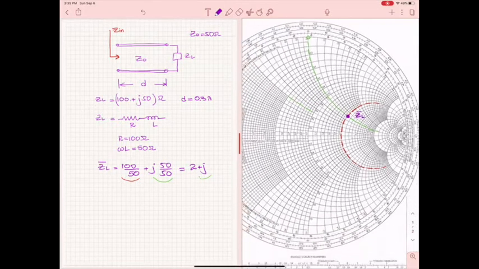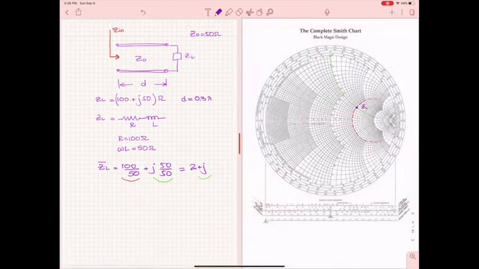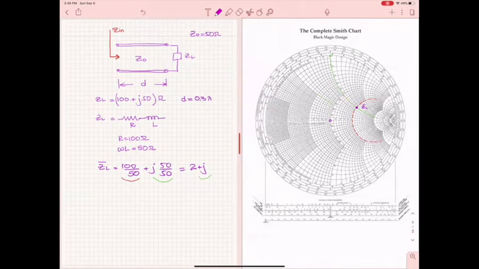Okay. Now we are going to introduce a new type of circle, and this is going to go through point Z_L, and it's going to have its center at the center of the Smith chart. The center of the Smith chart is here. So now I'm going to draw this, using this color.